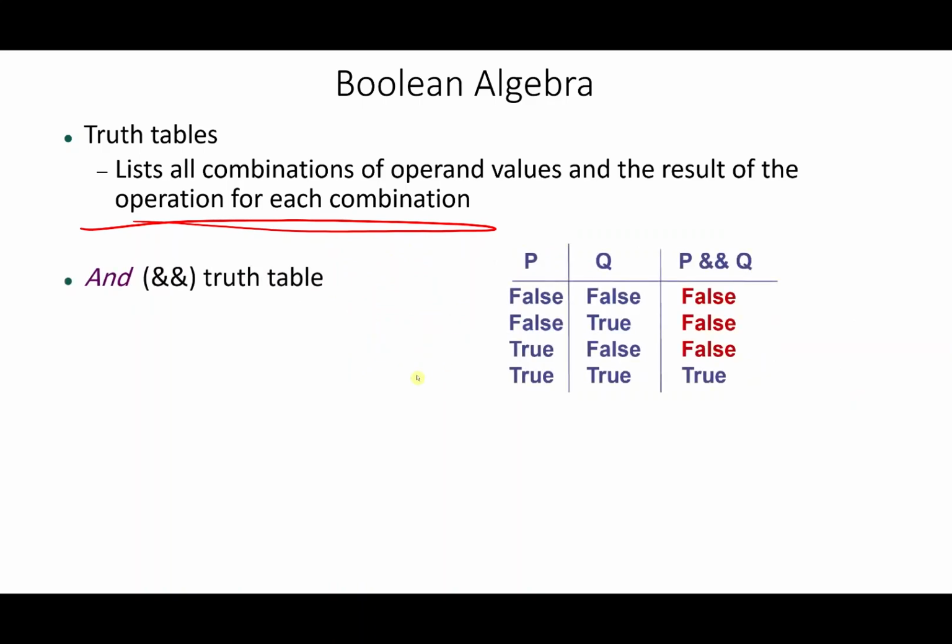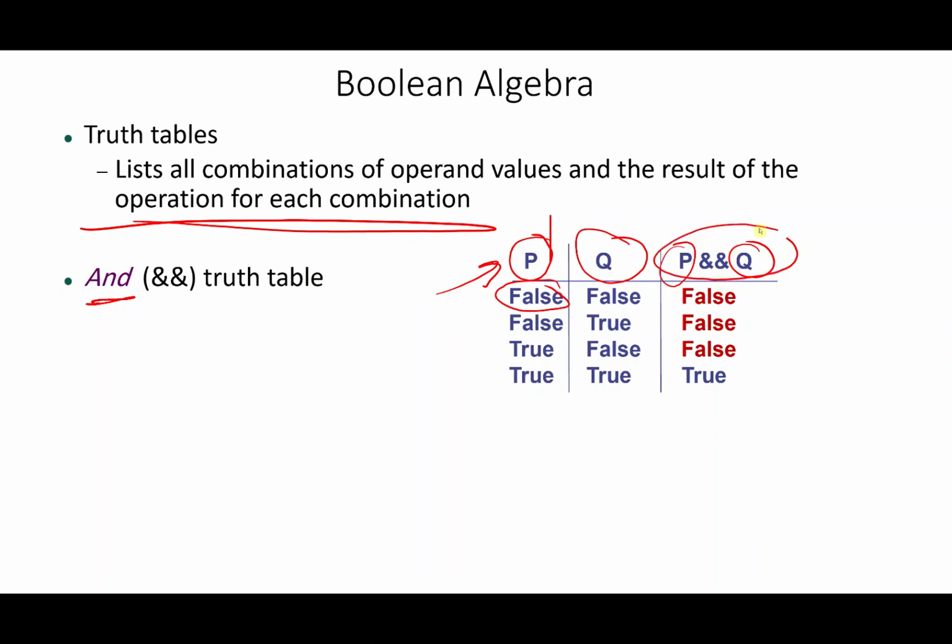It means that the and truth table would be the following. If I have a variable p, and this variable is storing false, or a Boolean expression, I'm going to call the result of this Boolean expression P and Q. P and Q is checking whether both are true.